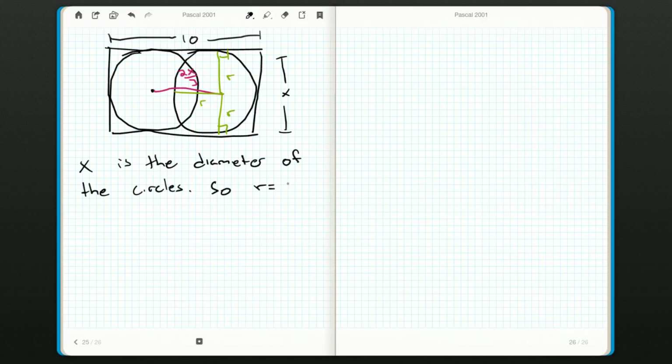So the radius is just going to be x over 2. Well, how does that help us? It doesn't help us in the center here, but we can add in this radius here and this radius here.